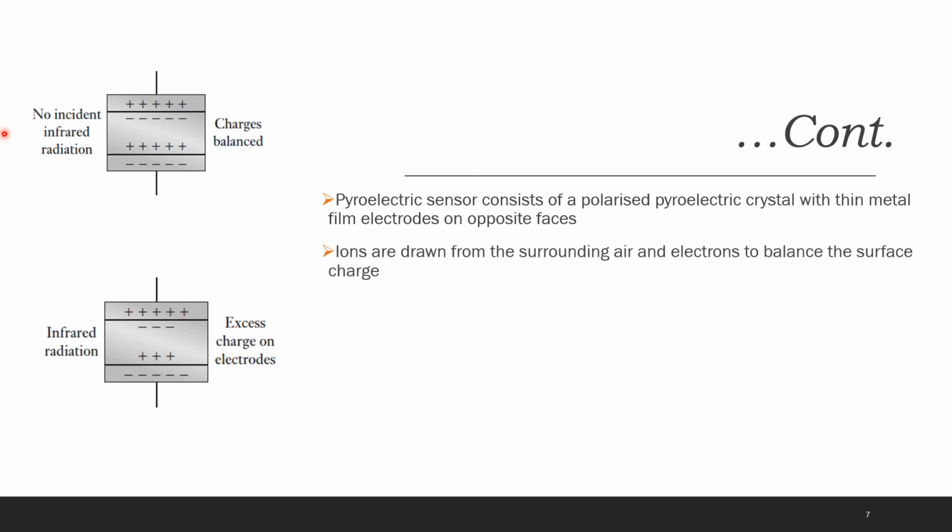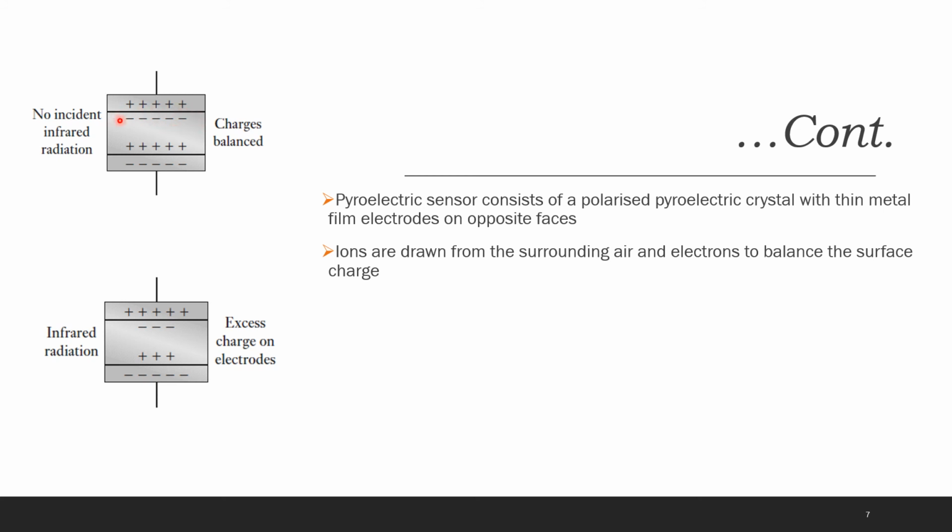Now the ions will be drawn from the surrounding air and electrons to balance the surface charge. This means that in the pyroelectric crystal, even though the electrical neutrality is maintained, at the surface there is an assembly of the charges due to the polarization.